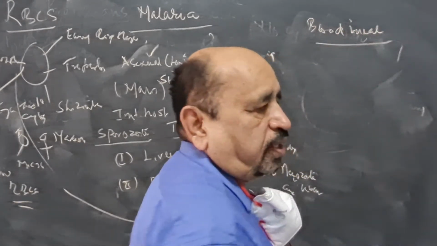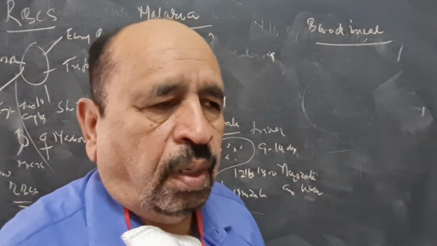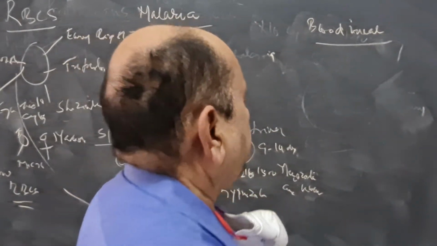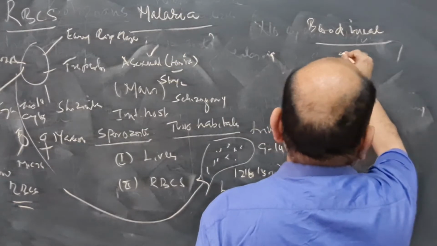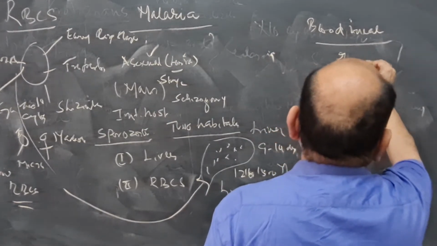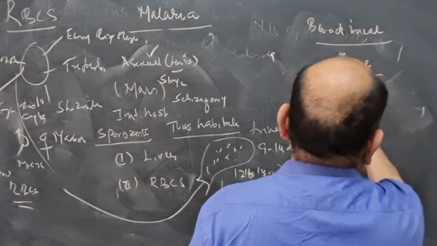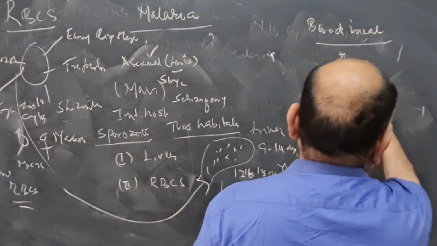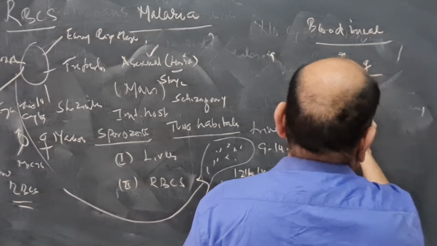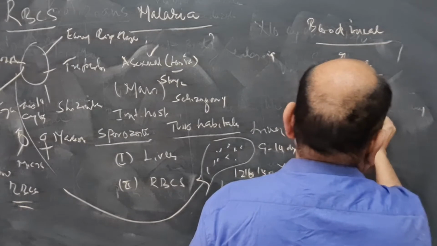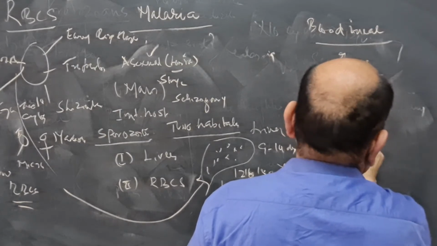In the mosquito, the female and male gametocytes unite to form the zygote, ookinete, and oocyst.